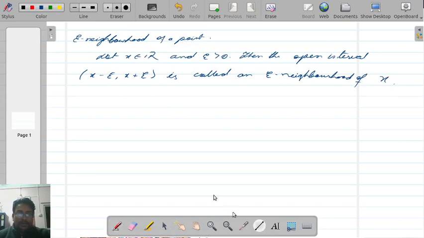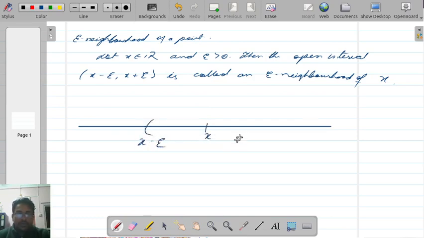In a diagram, if x is some point here, you take x minus epsilon to x plus epsilon. You keep x as center and take this distance equal to epsilon towards the right, and this distance also equal to epsilon in the left direction.